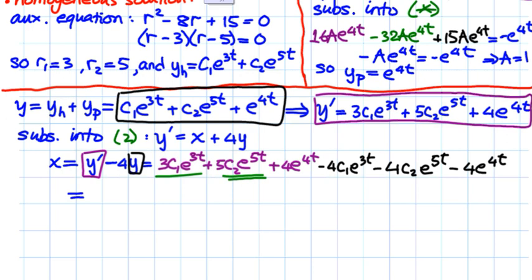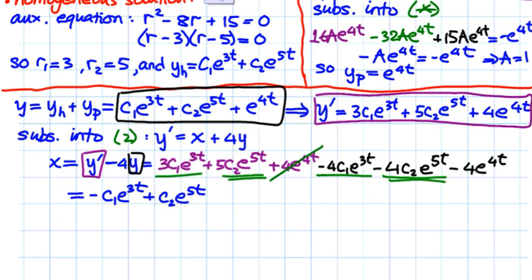That is c1 e to the 3t. 3 minus 4 is negative c1 e to the 3t. And then we have c2 e to the 5t here. 5 minus 4 is 1, so plus c2 e to the 5t.